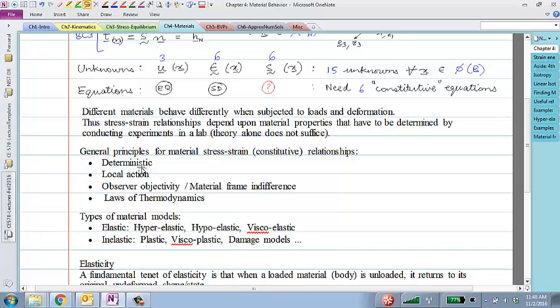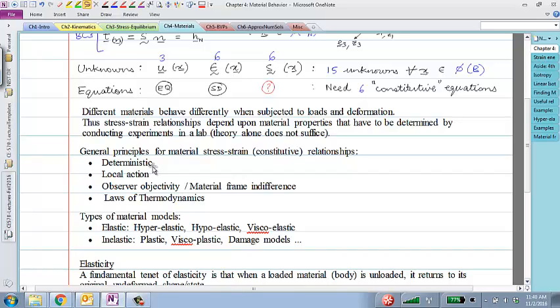So depending upon where you are measuring the material properties, within a deformable body, the material itself differs, and therefore your material model should differ from point to point. All we are talking about is a material model that relates stress at a point to the strain at that point. Okay. So the first thing is that the material model has to be deterministic.